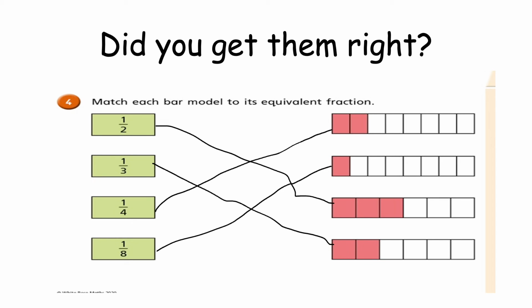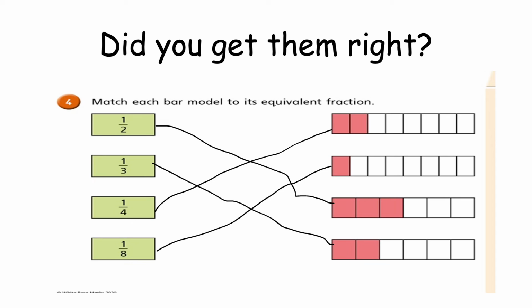And I know that 8 divided by the denominator 4 is 2. So 2 is a quarter of 8. So a quarter is, you can see which one I've matched it to.